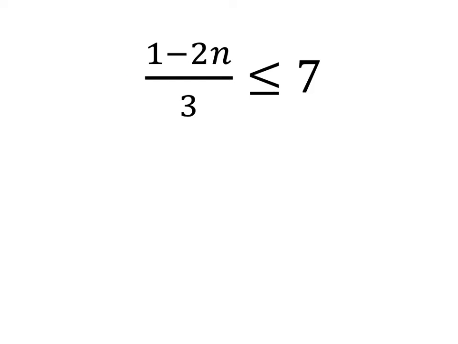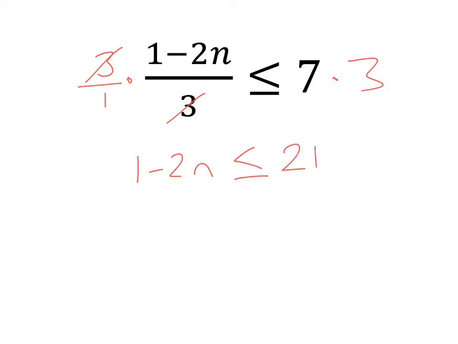So we're going to multiply both sides by 3. Notice when we multiply by 3, that's like 3 over 1, so this cancels out. So I have 1 minus 2n on this side. I multiplied by a positive, so this stays the same. On here, a lot of people will do plus 1 because they see that minus sign and think, oh, the opposite of subtracting is adding.